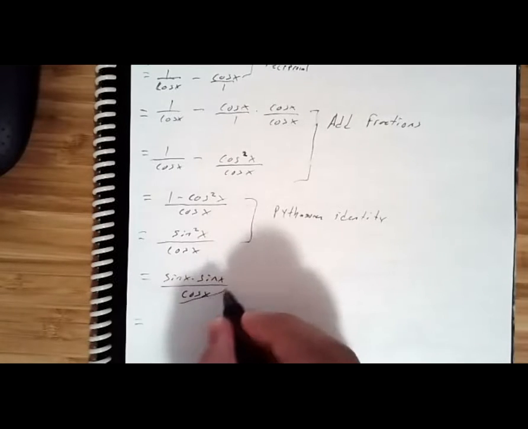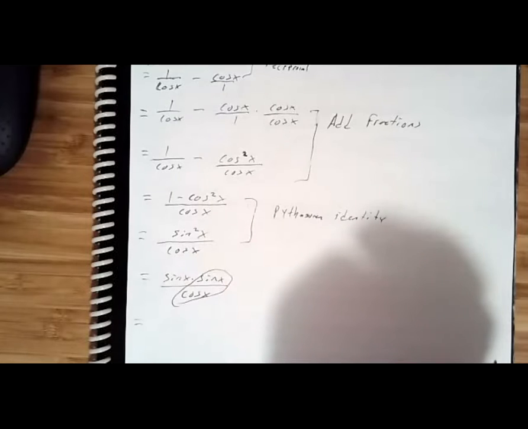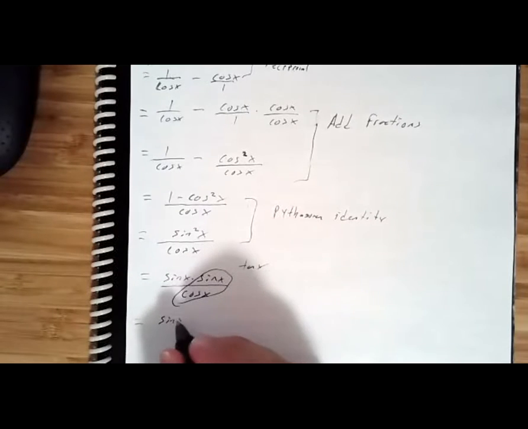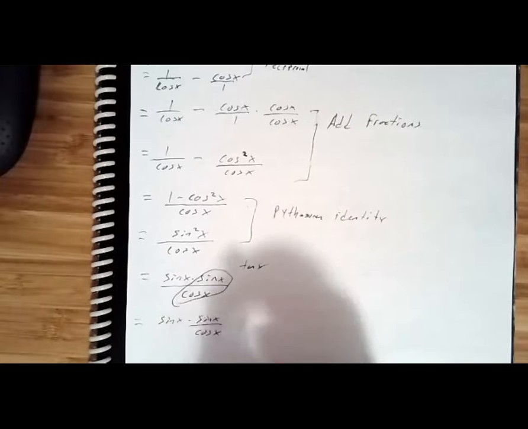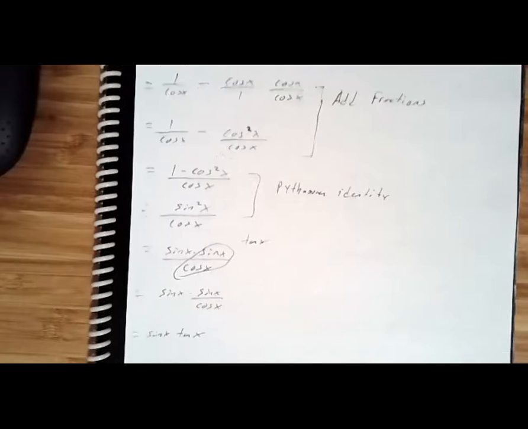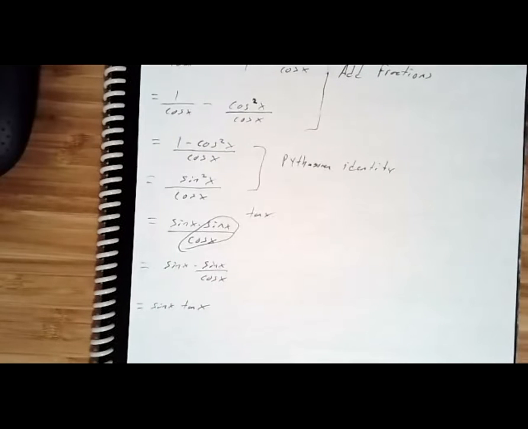So do you see that this right here is tangent? So that means we can separate them because they're just being multiplied. So that'll be sine x tangent x, which is what we wanted to show.